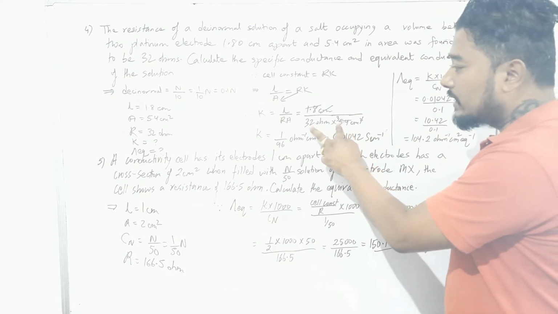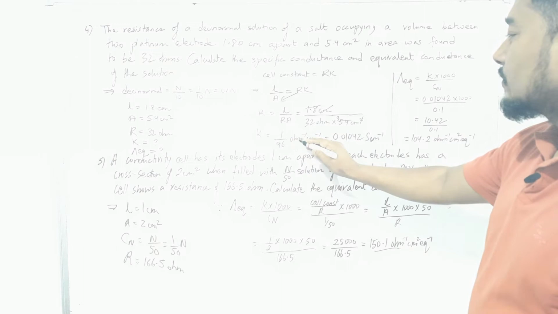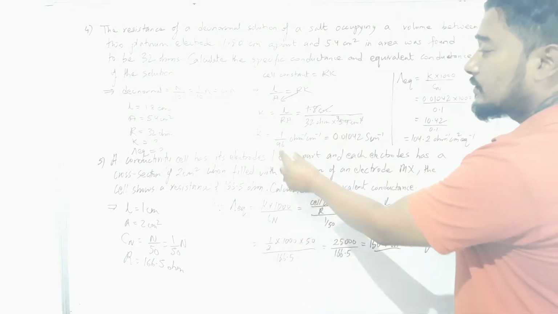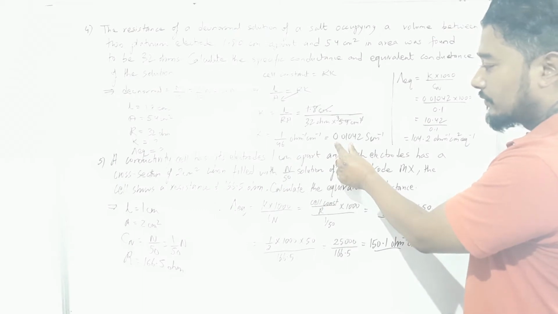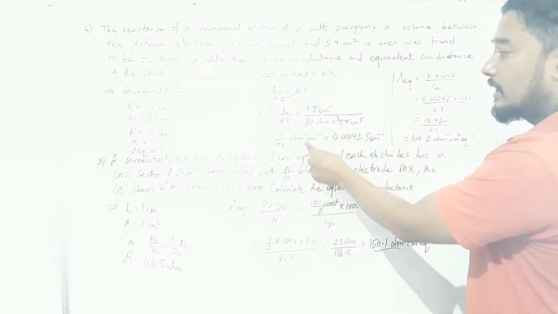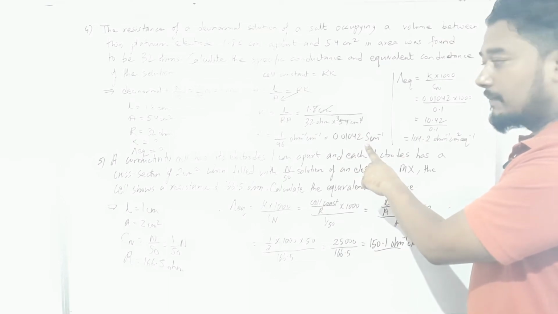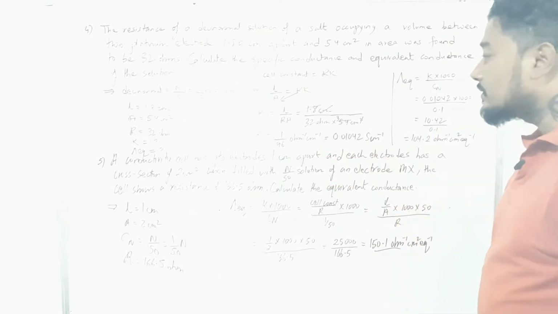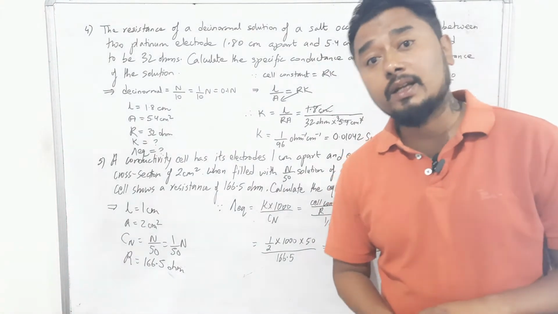Now when you multiply 3 and 32, you get 96. So now we get 1 upon 96 ohm inverse centimeter inverse. Now students, if you divide 1 by 96, you will get 0.01042. Ohm inverse can be replaced with Siemens because ohm inverse and Siemens mean the same. Centimeter inverse is centimeter inverse. By this we got the first part answer, that is how to find specific conductance.